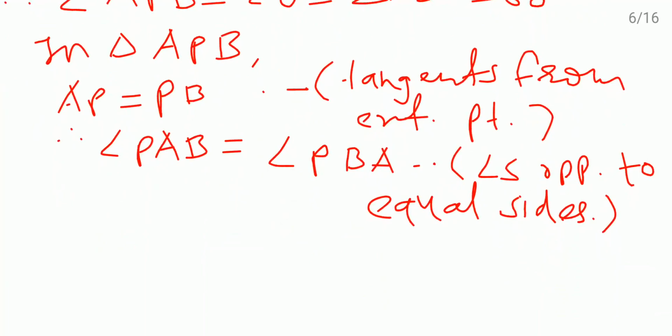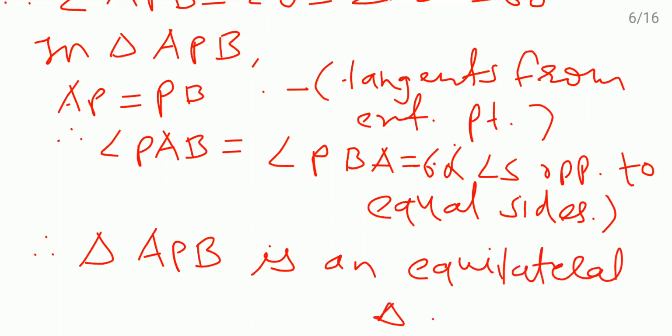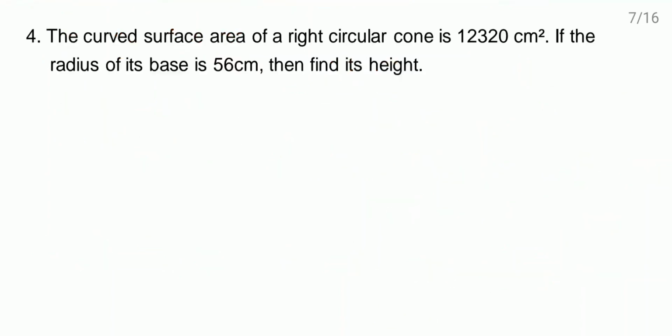So therefore these angles are equal and their measurement comes as 60 degree. So finally we can write down here also 60 degree, and then you can say therefore triangle APB is an equilateral triangle, correct? Let us see the next one now.